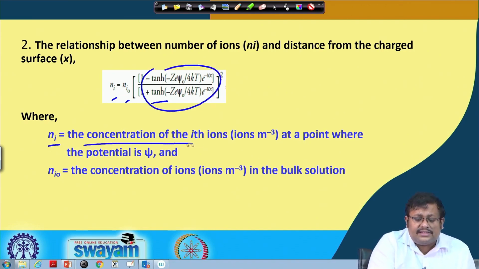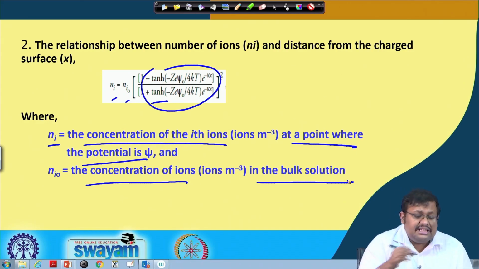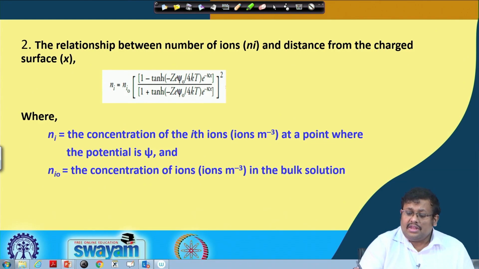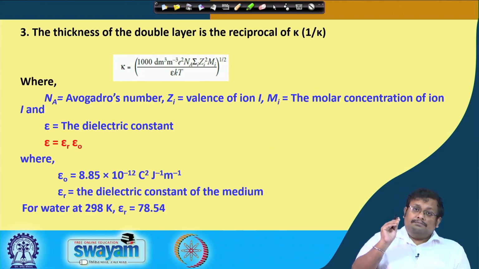Ni is the concentration of the ith ions at a point where the potential is ψ, and Ni0 is the concentration of ions in the bulk solution. So, this is how we can calculate the relationship between the number of ions and the distance from the charged surface. Another important relationship is that the thickness of the diffuse double layer is the reciprocal of k.